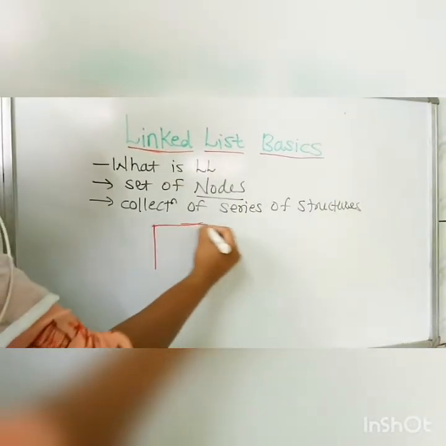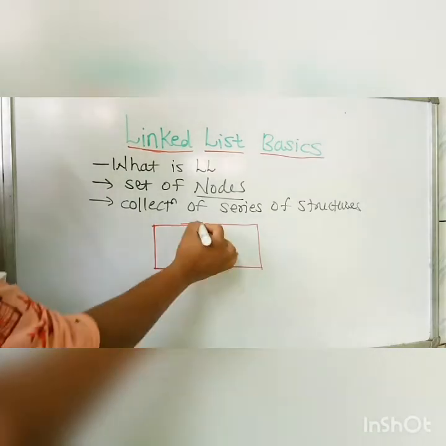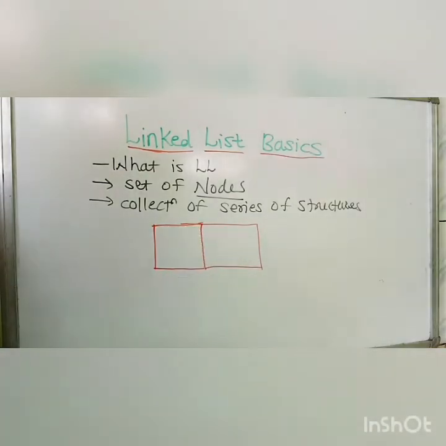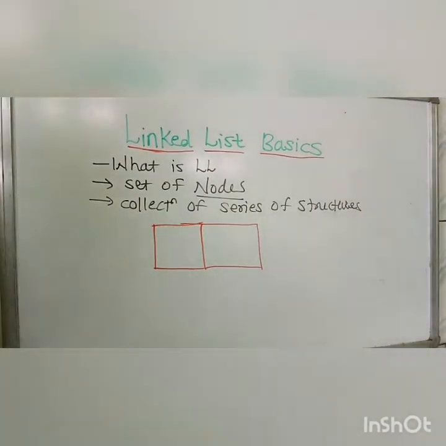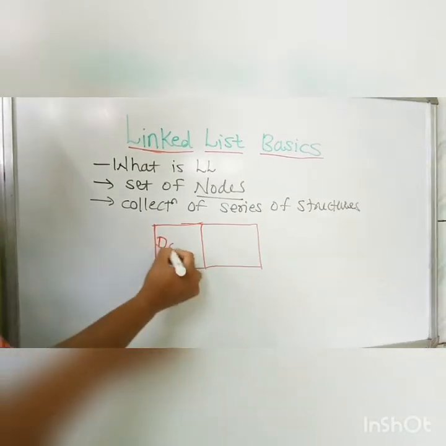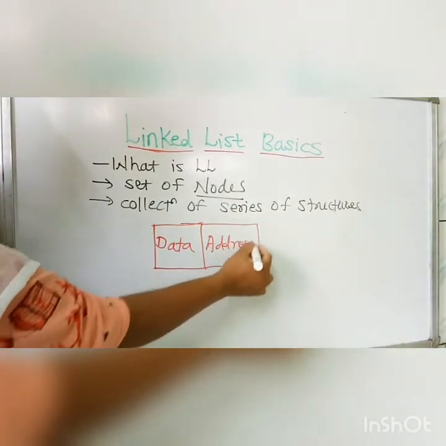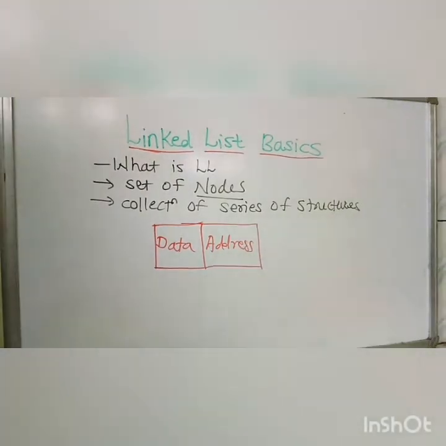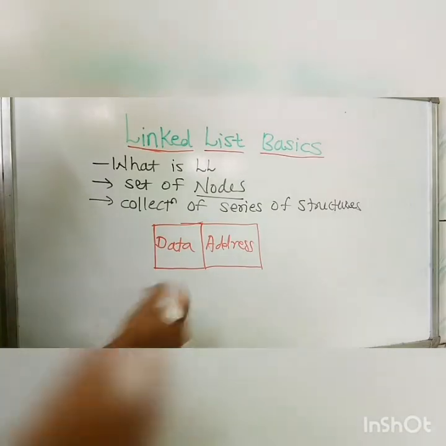So I am drawing here the structure of a node. There is a box-like structure, means rectangular, and it has two parts. First is the data part and next is the address part. This is the structure of a node.